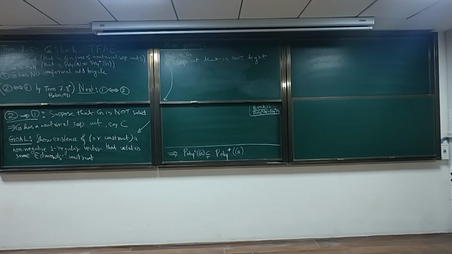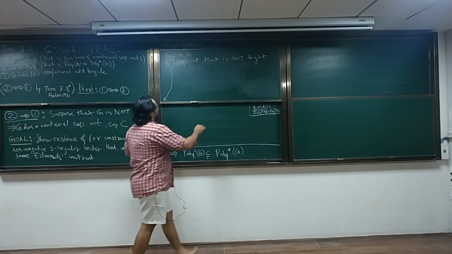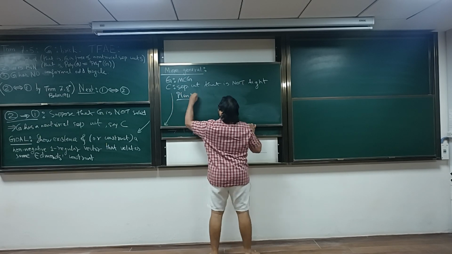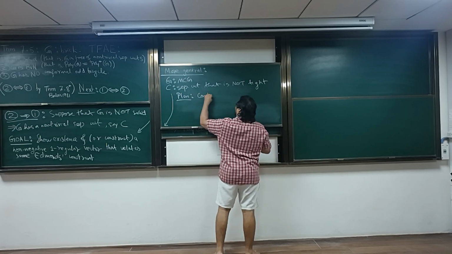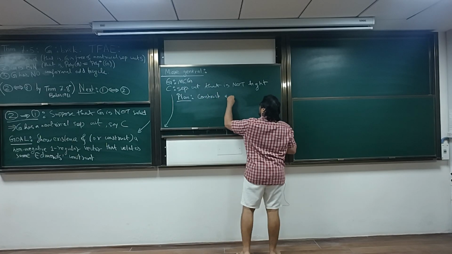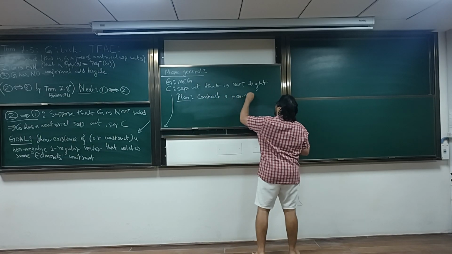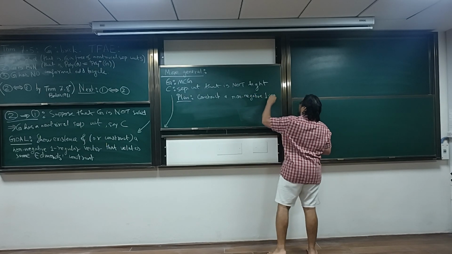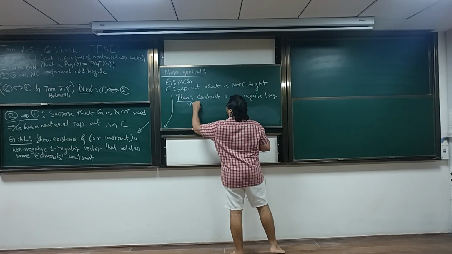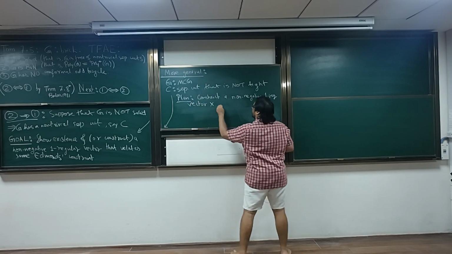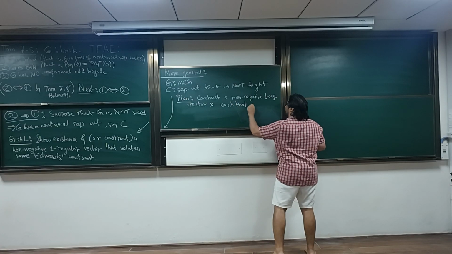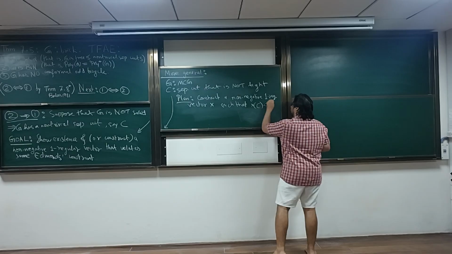So in fact, the exact thing we will do here is construct a non-negative one regular vector x such that x of C is strictly less than 1.